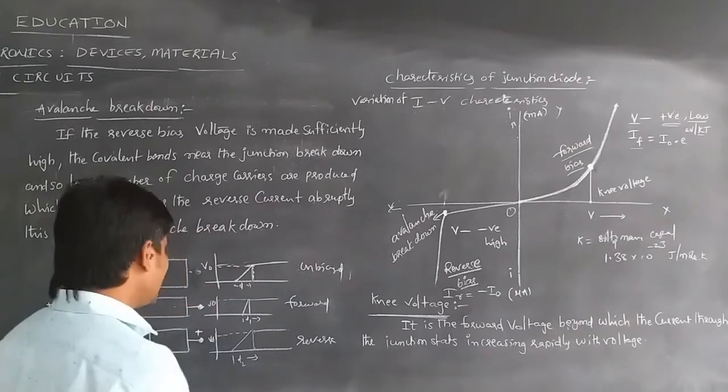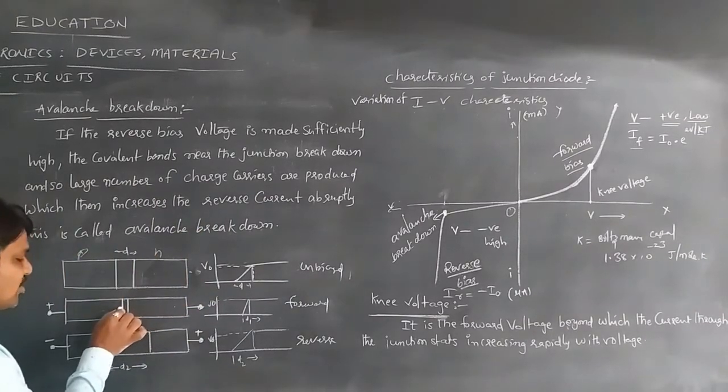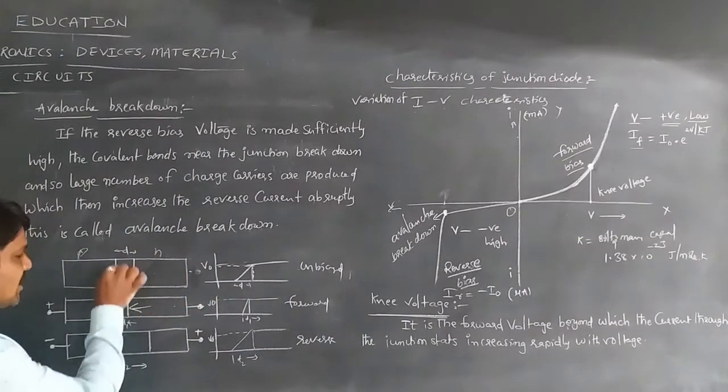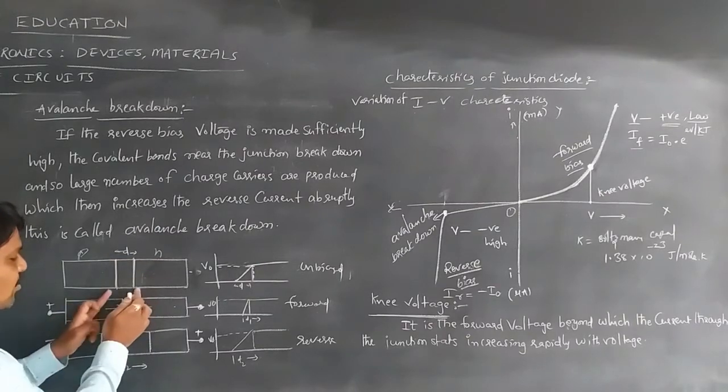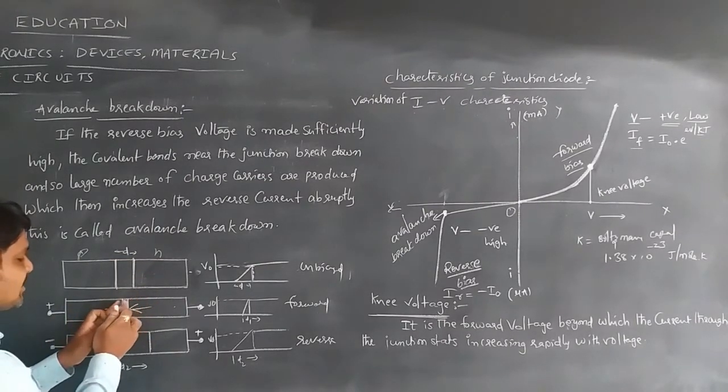Whenever it is forward biased, the thickness of the depletion layer decreases. It is less than in the unbiased condition, the depletion layer width decreases.